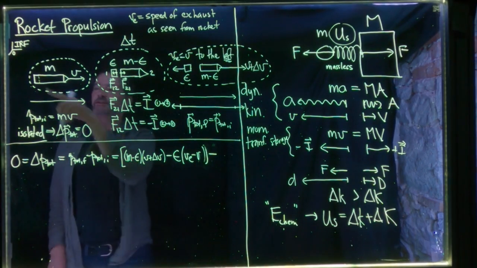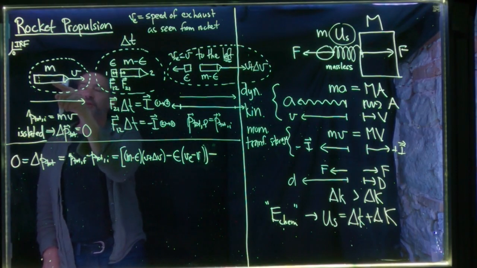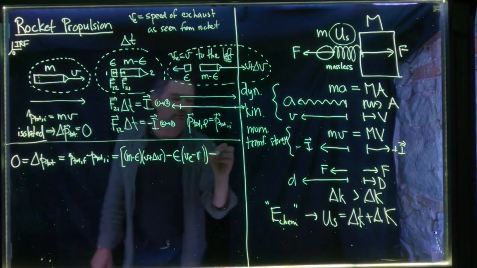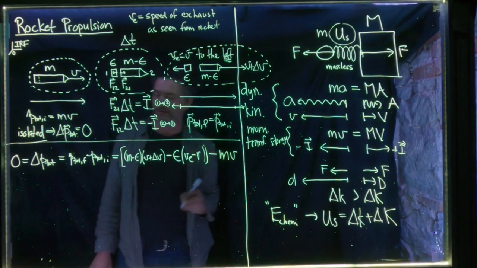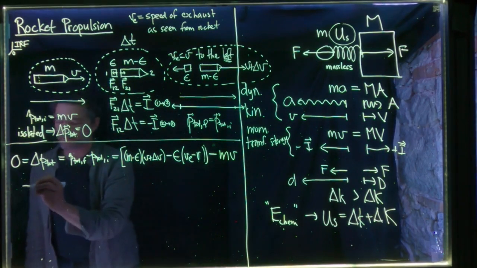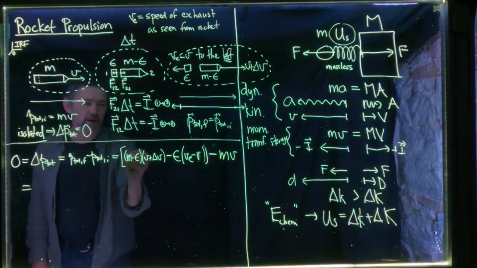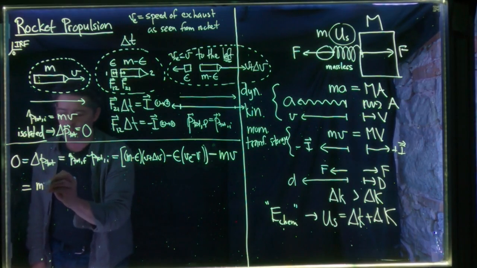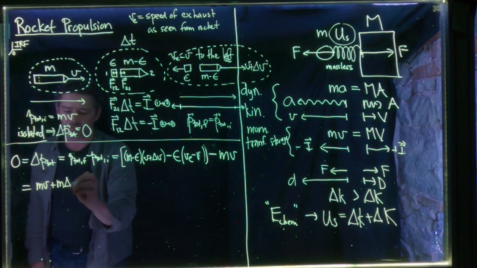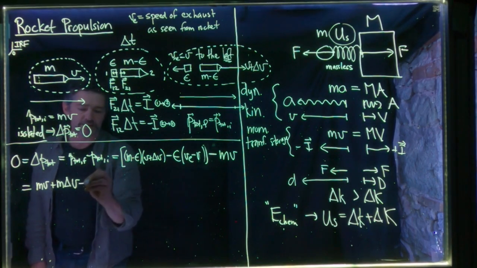And P total initial is easy. It's just the mass of the rocket at the original time, T initial, times V. So minus mv. So that's easy. Okay, and so now we just crank this out. So we have m times v plus m times delta v, okay, minus epsilon times v minus epsilon times delta v.